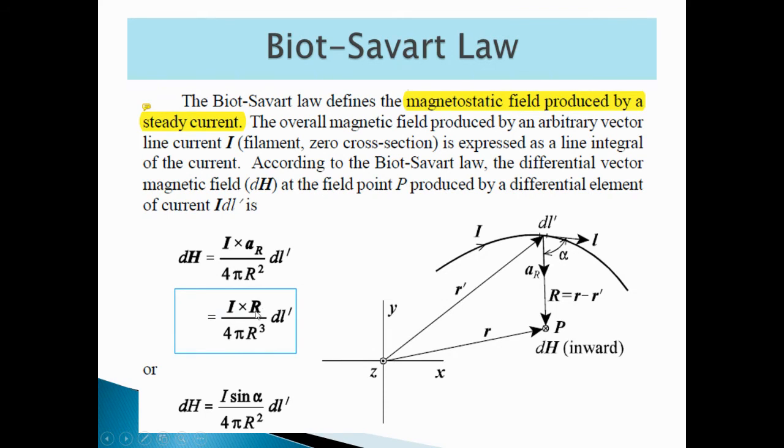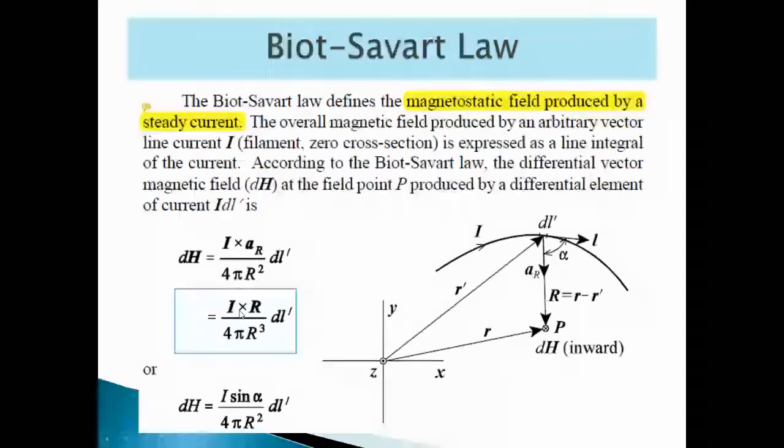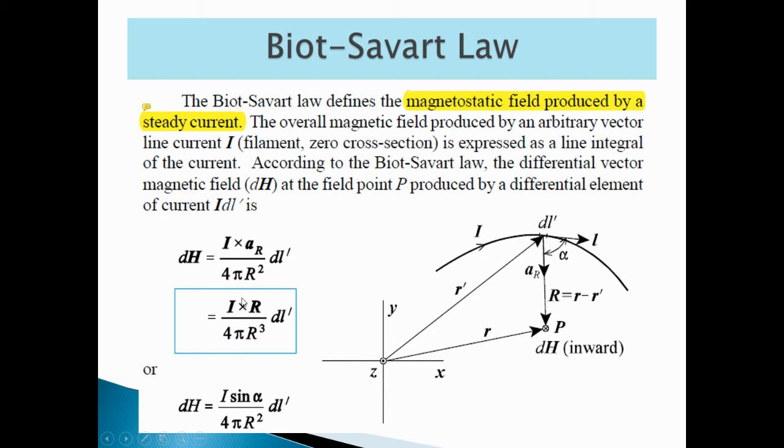So I cross R is the main basic situation here. If we make a cross operation between two vectors, we have IR sine alpha, or theta. It can be theta or alpha, and it is the angle between the tangent direction and the radial direction towards P.